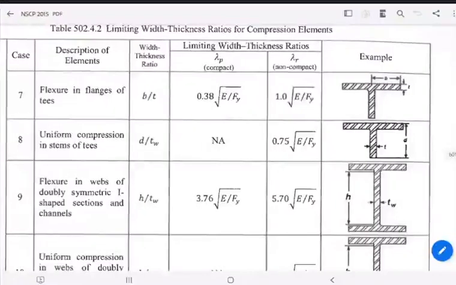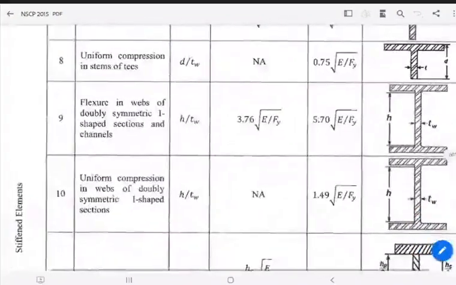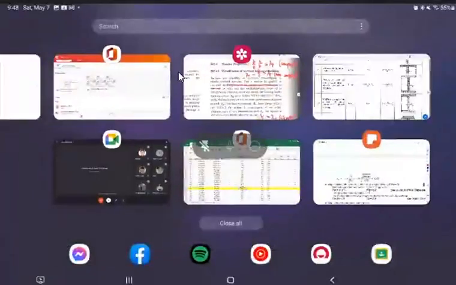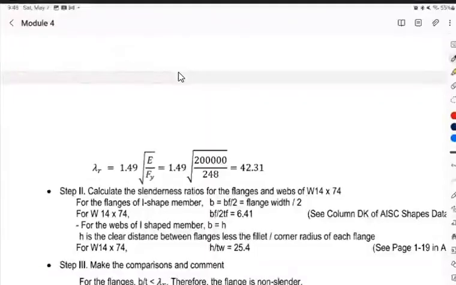Mali. Lecture in webs naman kasi ito. Ito, class. H all over t sub w versus 1.49 square root of E all over Fy. Okay, uniform compression. Lecture pala yung tinitignan ko kanina. Number 10. Okay, 1.49 square root of E all over Fy. So direct substitution, since our Fy is 48, we have 40.41.